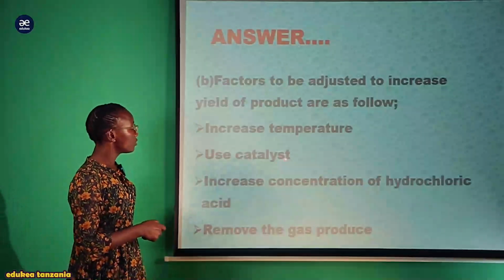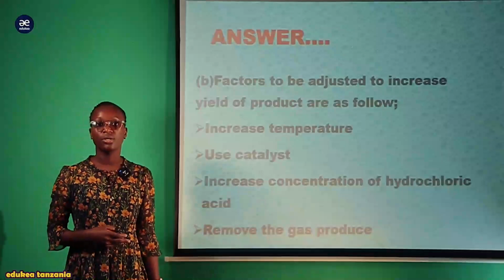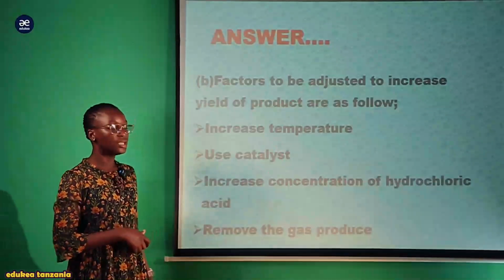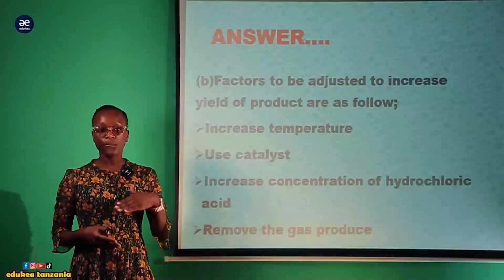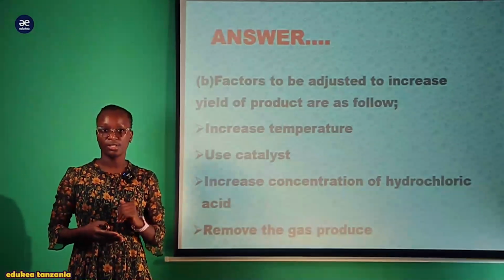Therefore the use of a catalyst is among the factors that will be adjusted here in the reaction of zinc granule and hydrochloric acid in order to get the yield of hydrogen gas.